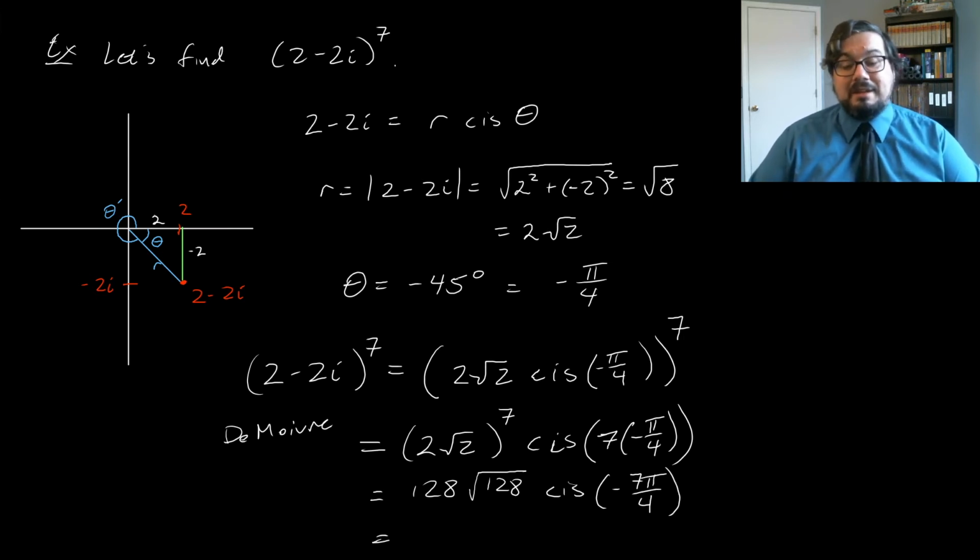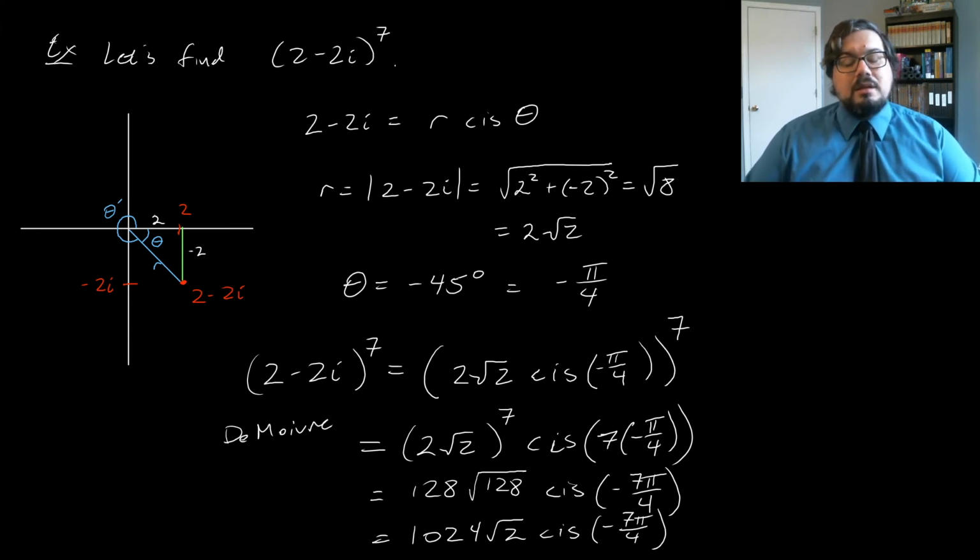And the only thing remaining to do is to simplify the coefficient. And so that turns out to be, let's see, 128, and then we'll be able to factor a square root of 64, which is an 8. Then 128 times 8 is 1024. So we get 1024 times the square root of 2 times CIS of negative 7 pi over 4.